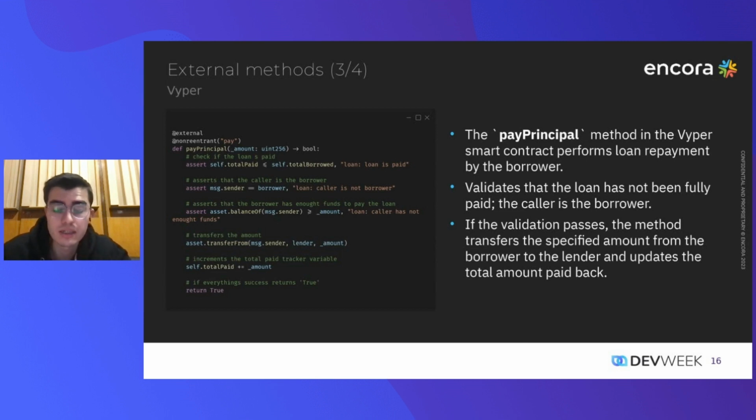Because you can define it at compile time, and that's really, really useful. I don't know if you are aware that a lot of hacks in the industry are reentrancy attacks, and this allows us to develop smart contracts and decentralized applications with security in mind and at the programming language level. So that's really, really useful.